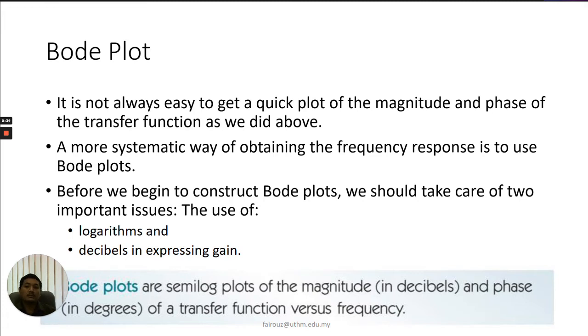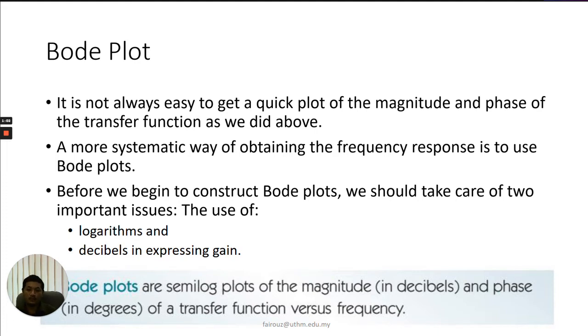Actually, a more systematic way of obtaining or plotting the response is to use a Bode plot. Instead of having to key in the value or calculate the value of the magnitude and phase one by one, for omega 1, 2, 3, 10 and so on, it's better to use a Bode plot.